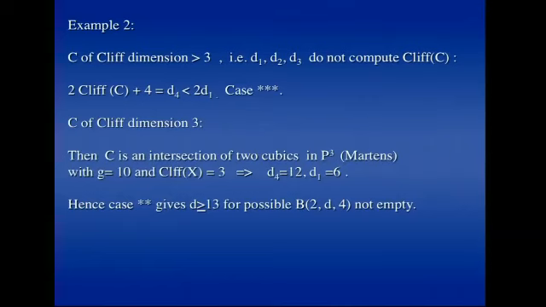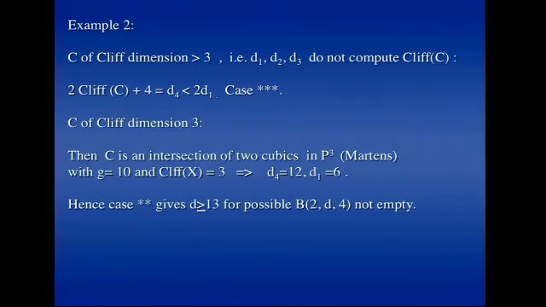Okay, the other example, of what is happening in this situation. If we take a curve that has Clifford dimension bigger than 3, it means that if I calculate D1, D2, D3 and try to use them to calculate the Clifford index, they will not compute the Clifford index, which is a minimum. So it means that I need D4 to calculate the Clifford index.